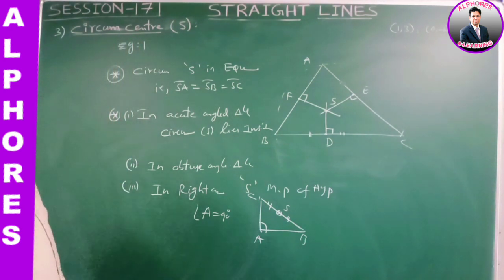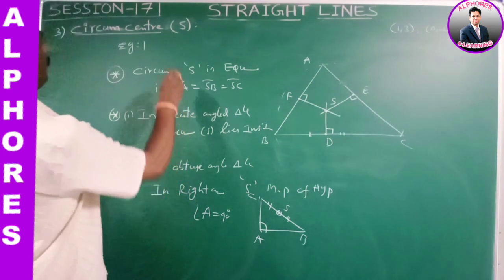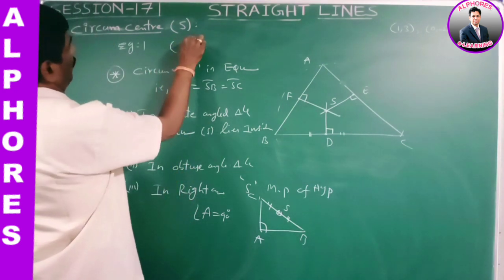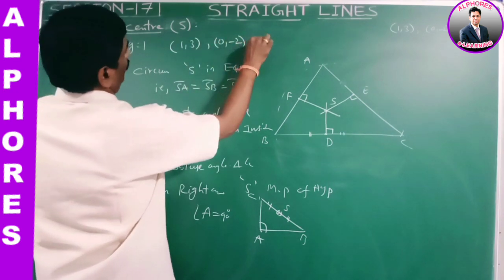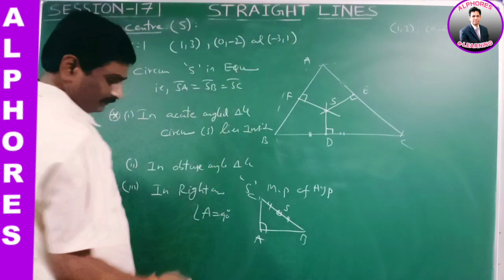Find the circumcenter of the triangle formed by the vertices (1, 3), (0, -2) and (3, -1).